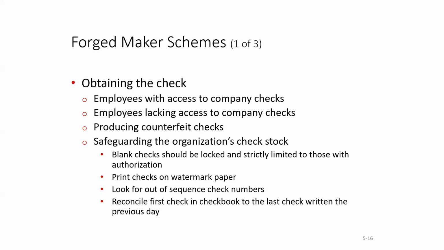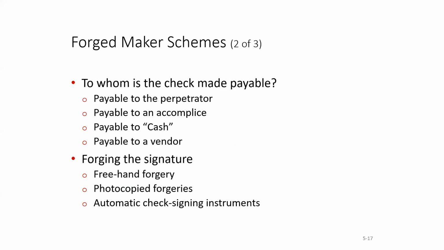So if you ended at 472 yesterday, then today it should start at 473, just so that we see nothing is missing in the middle. And why is that? Because if someone is going to steal checks, they're going to do it when you're not there, so after you've already left for the day. So that's another good little control to have.